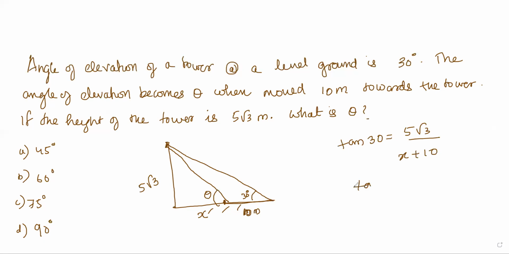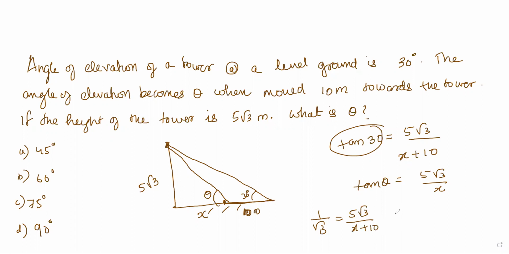What is tan theta? Tan theta is 5 root 3 by x. You have to find the value of theta. Tan 30 is 1 by root 3, so 1 by root 3 is equal to 5 root 3 by (x plus 10).